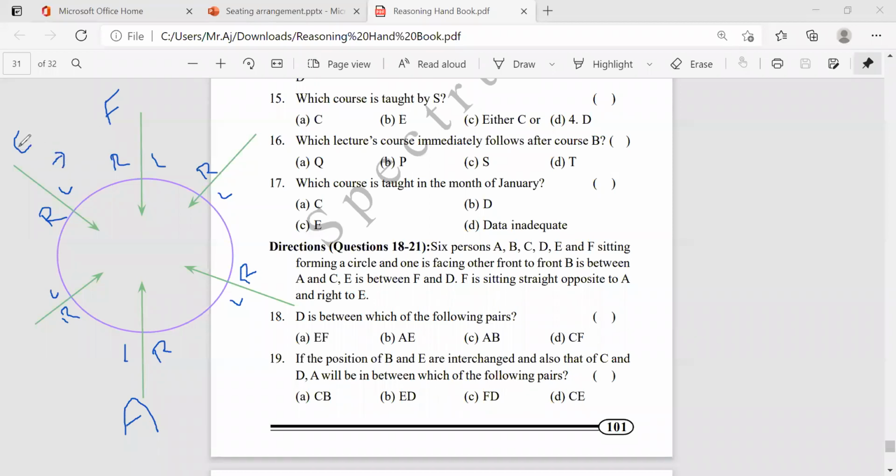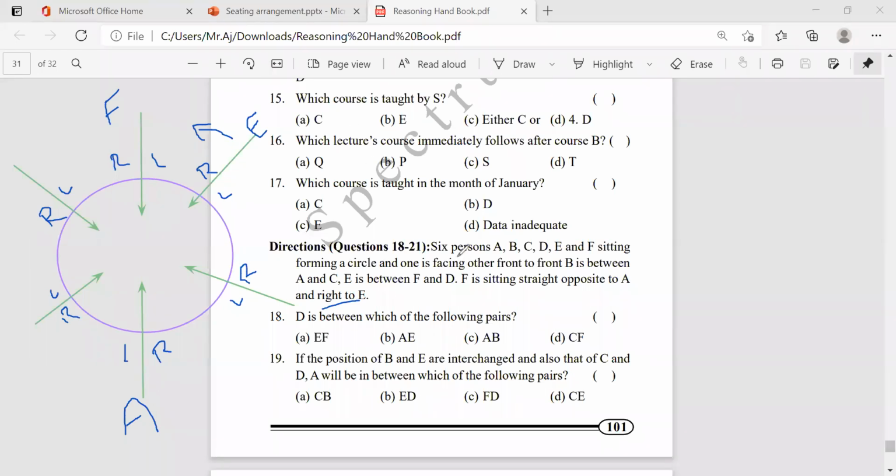So here it comes to the left, but they are saying right to E. Then we can keep E here, so F will be on the right of E. Is it clear? Why am I not taking it here and why am I taking it there? You should know this. So E's right will be this. So F is here.